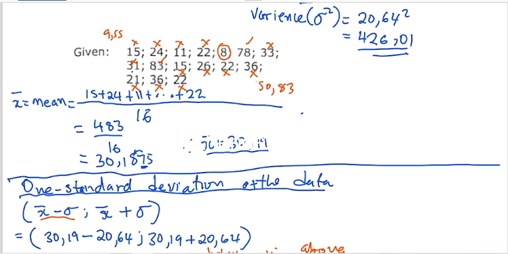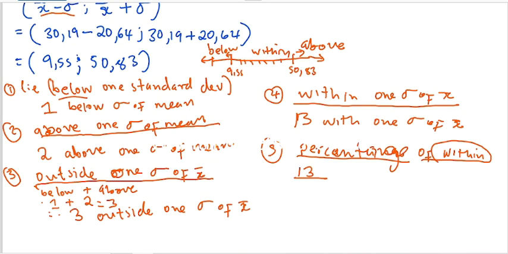So we say 13 divided by 16 times 100%. On your calculator, you simply press 13 divided by 16 times 100. This gives us 81.25% of the data that lies within one standard deviation.